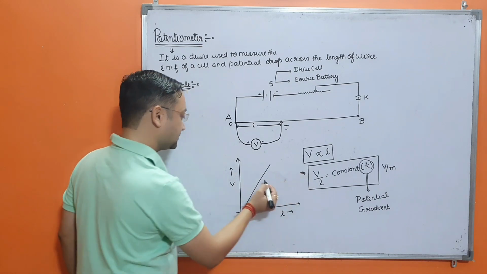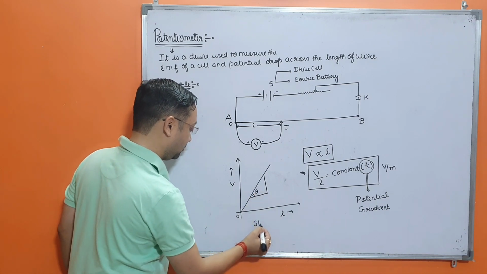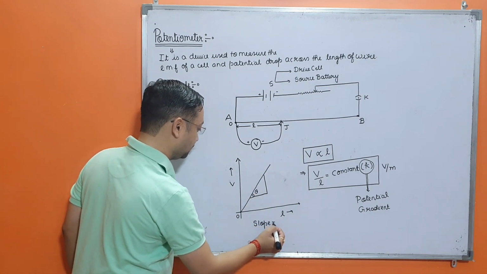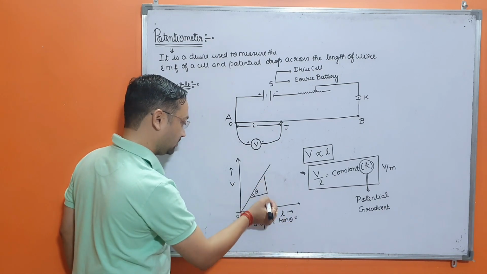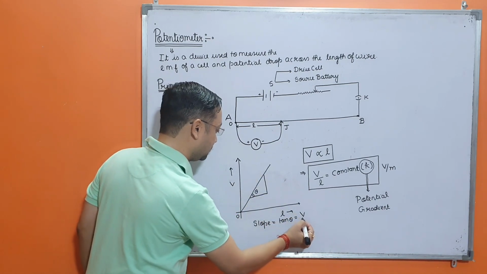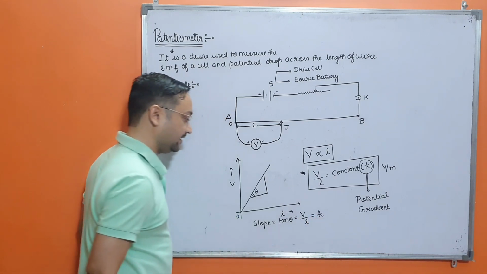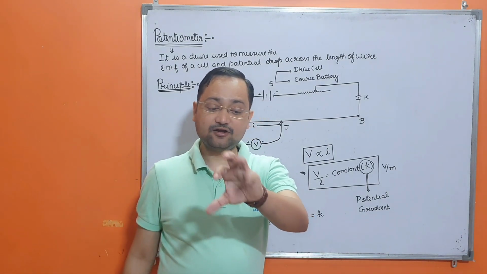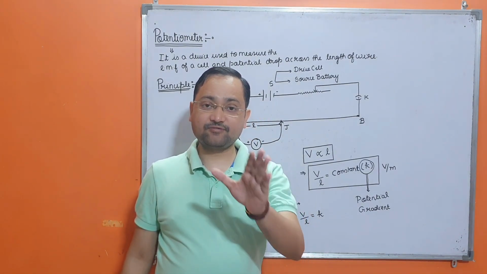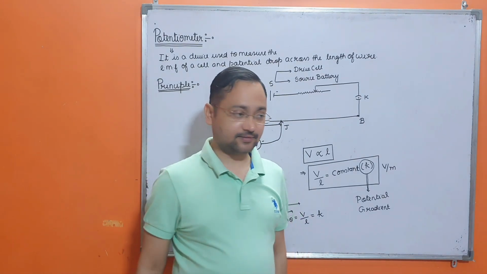If we find the slope of the graph, the slope will be tan theta, which is V on the perpendicular axis over L on the base, and that equals the potential gradient. So the graph of V versus L for a potentiometer wire will give the potential gradient of that potentiometer.